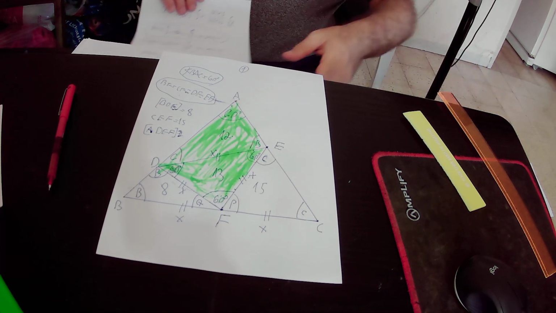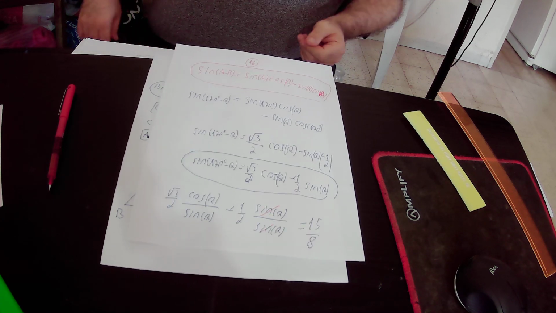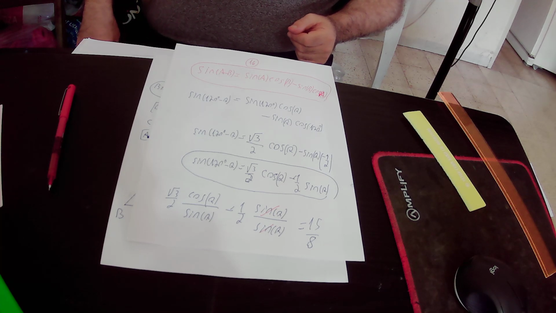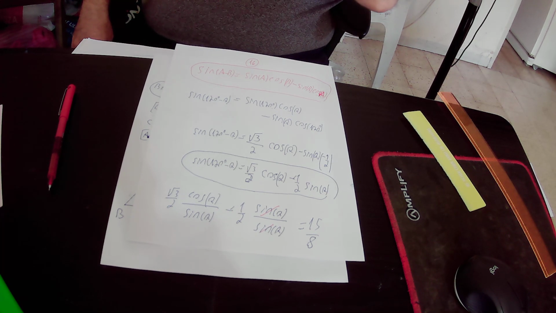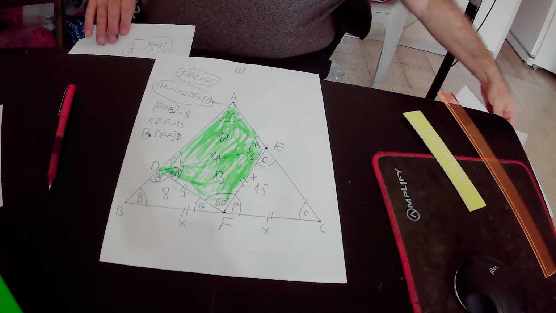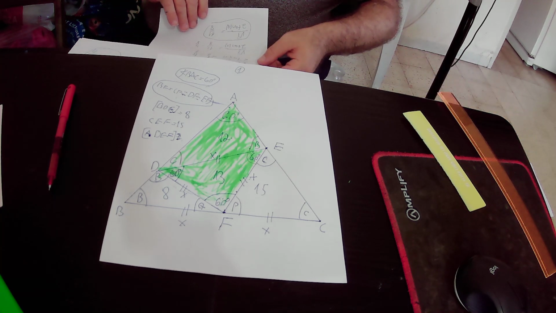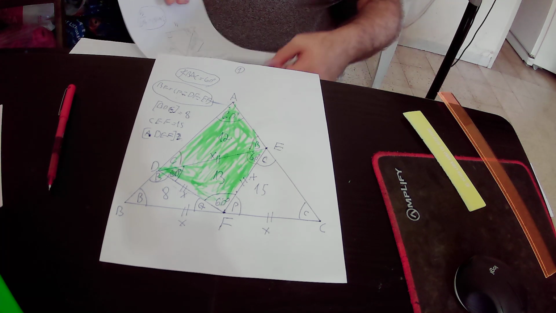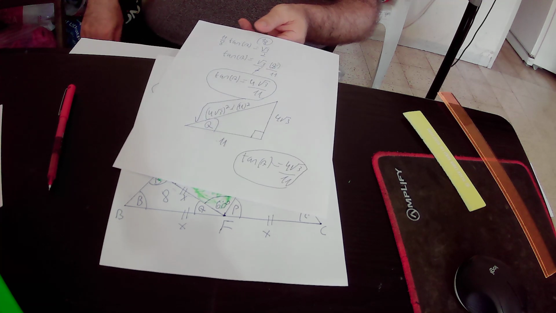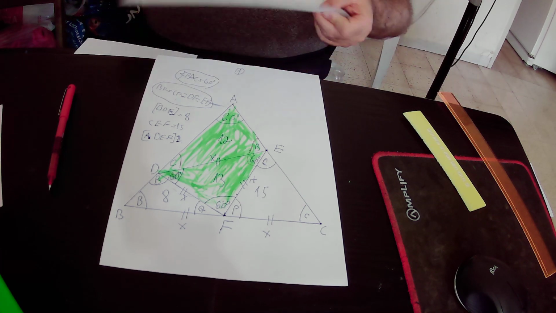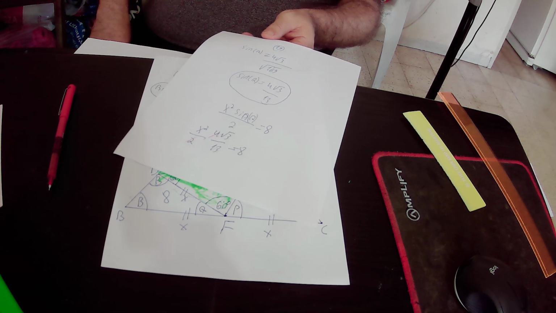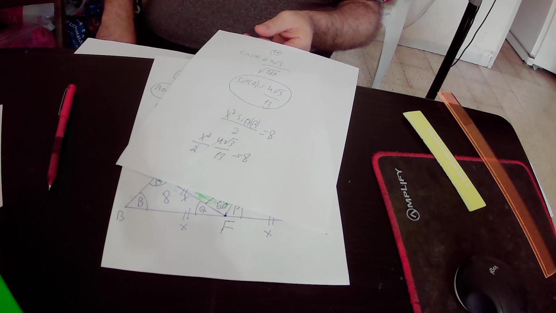According to this identity, sine of A minus B equals sine A cosine B minus sine B cosine A. So we used this identity to find the value of sine of 120 degrees minus q, and at the end, resolving the previous equality, we found that tangent q equals 4 times root 3 over 11, and sine q equals 4 times root 3 over 13. This is the value of sine q.